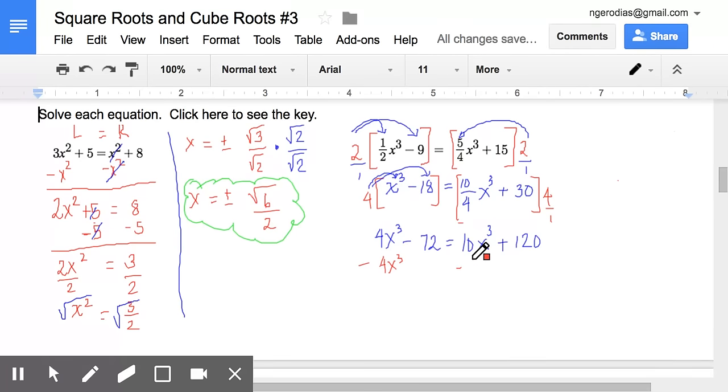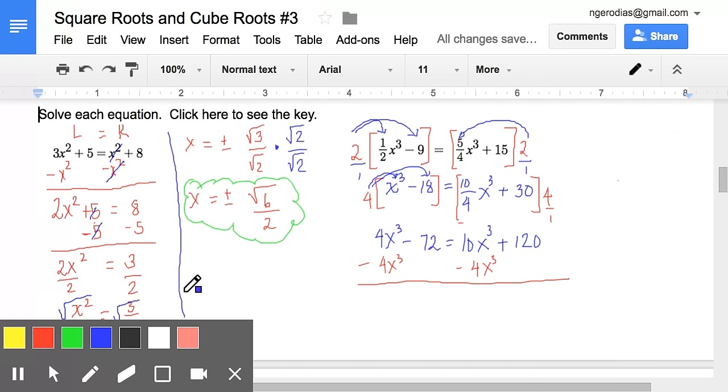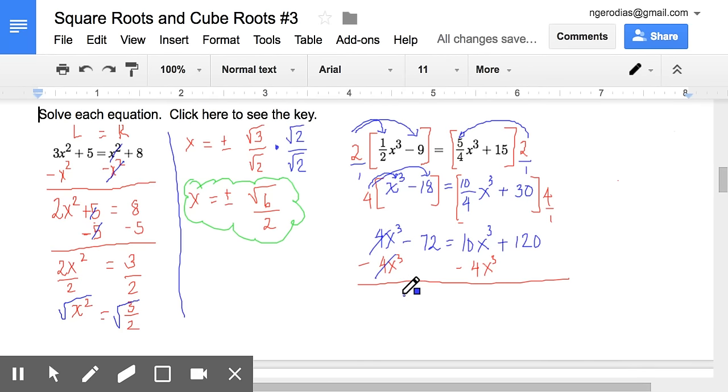I could decide to take away 10x cubed, but here, because I don't want to see negatives, I'll take away 4x cubed instead of 10x cubed. So now, okay, this cancels, and we're going to have negative 72 equals 6x cubed plus 120.